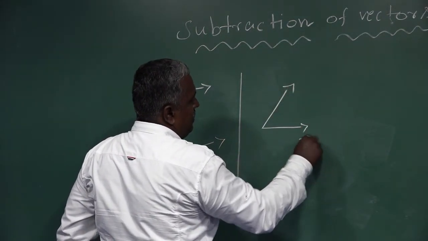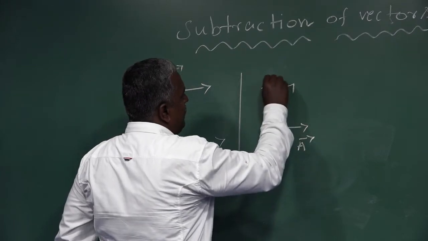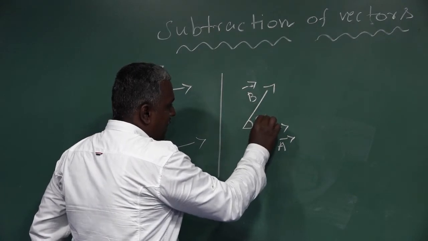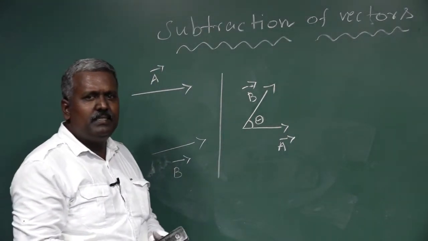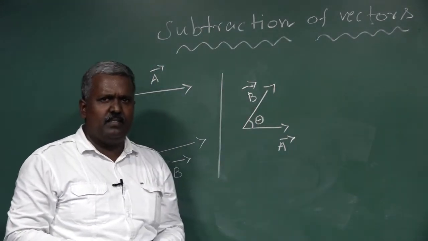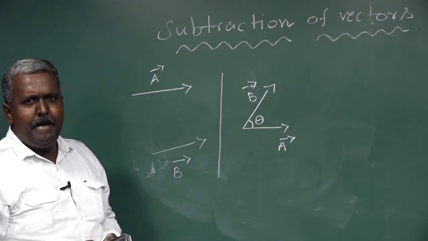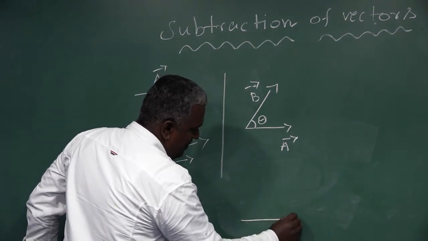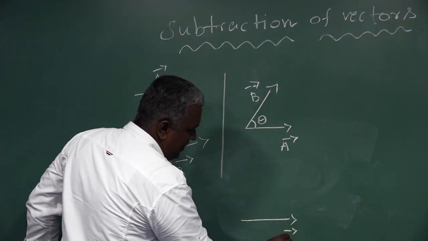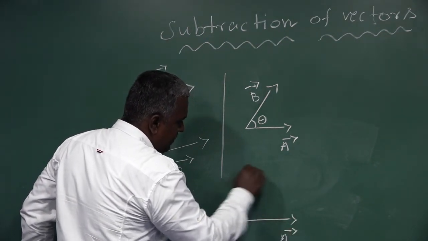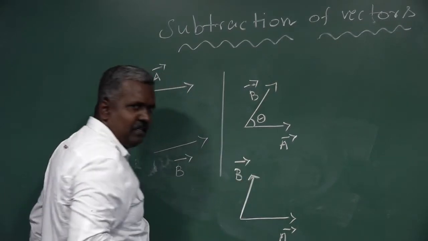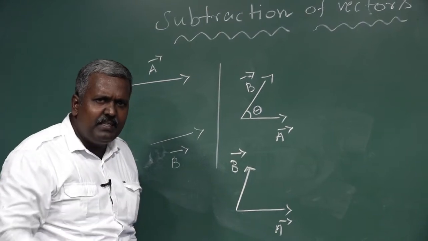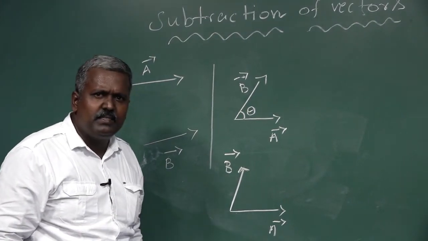This is A vector, this is B vector. The angle between the 2 vectors is theta. Then how do you find the resultant vector of these 2 vectors?